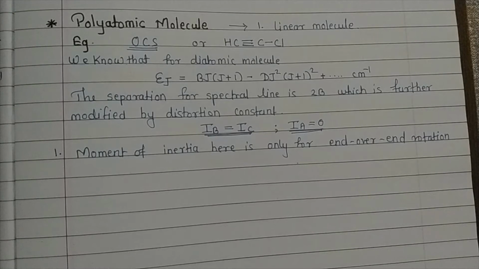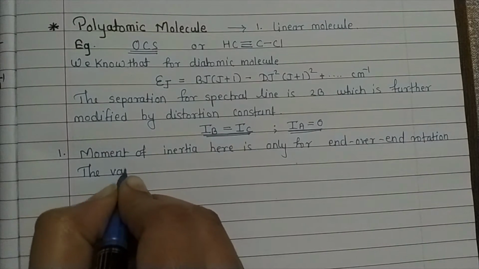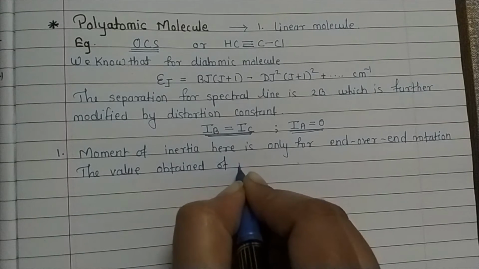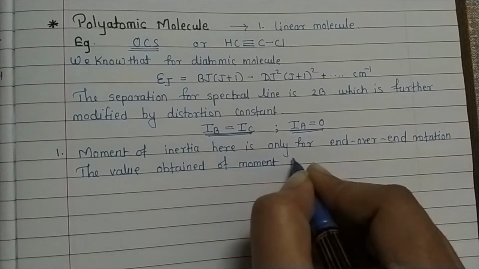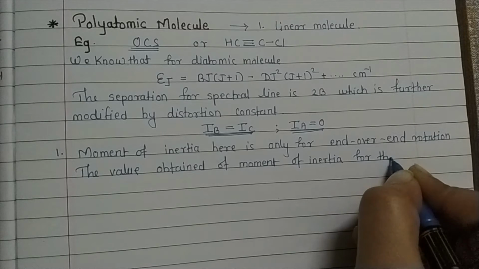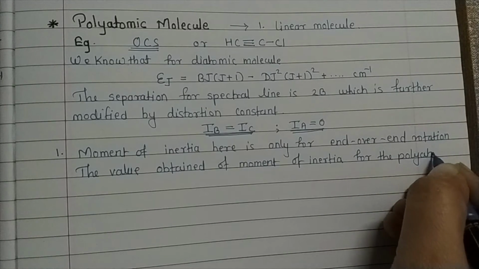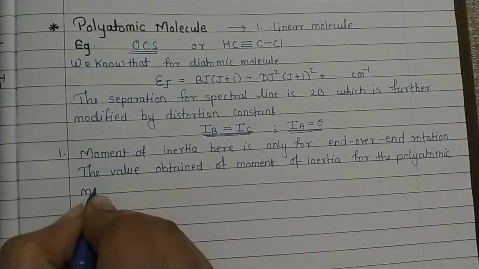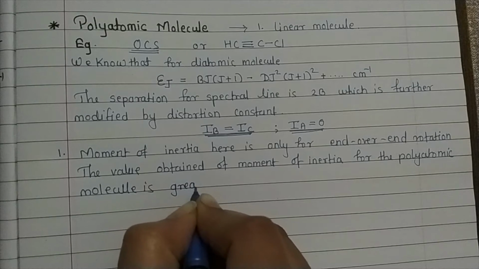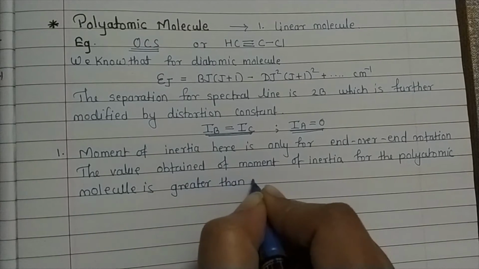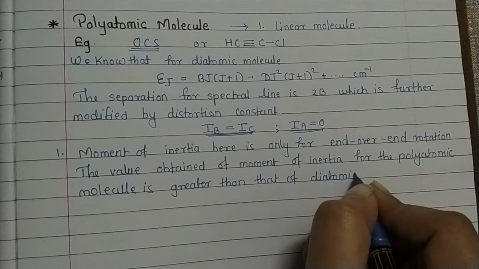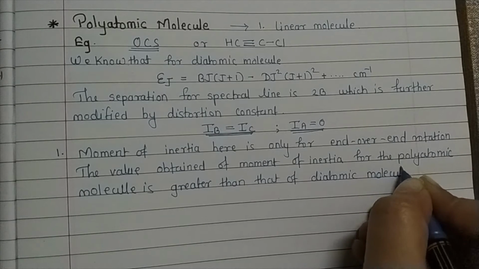So the value obtained of moment of inertia for the polyatomic molecule is greater than that of diatomic molecule. So this is the first point.